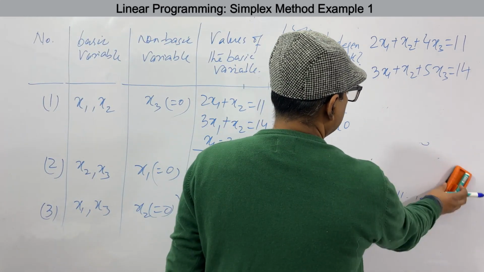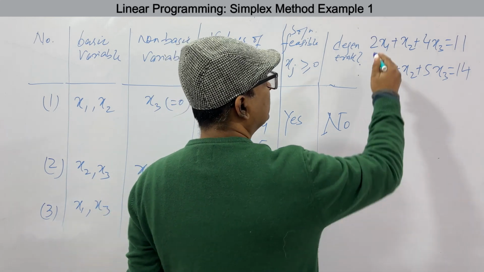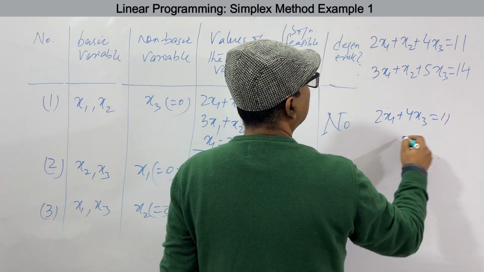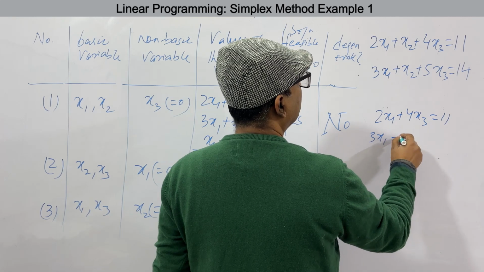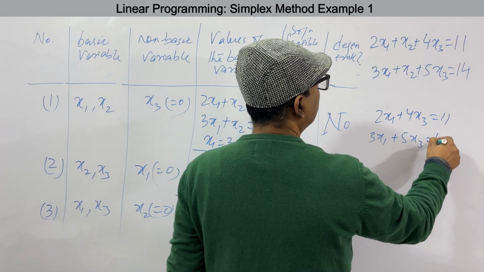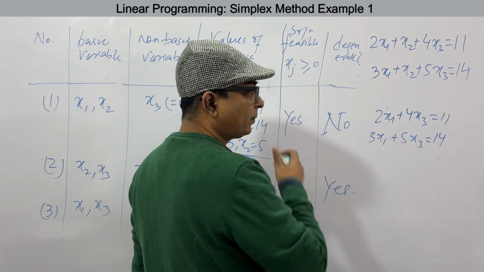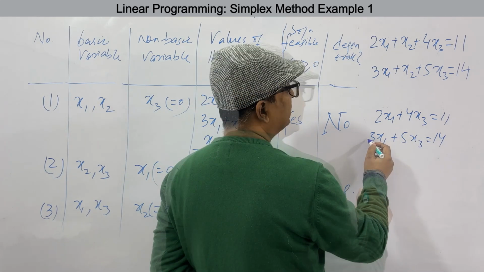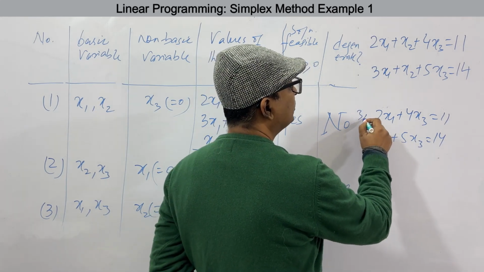Let's write it here. When x2 is 0, our equations will be twice x1 plus 4x3 equal to 11 and thrice x1 plus 5x3 equal to 14. Okay. So what is the value? Let's multiply this by 3 by 2.